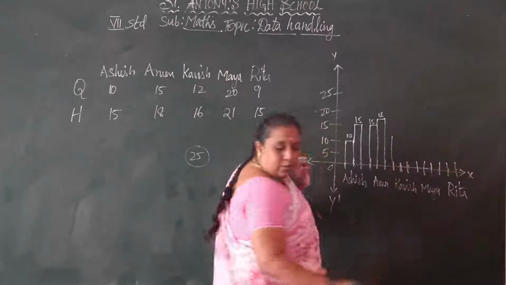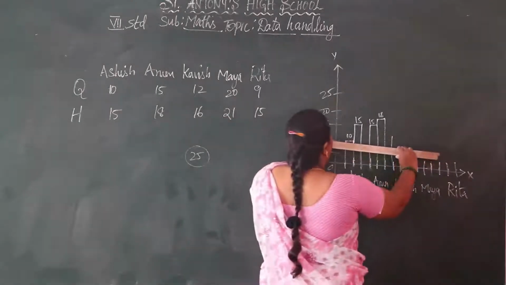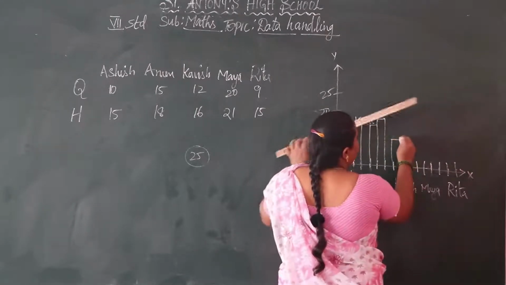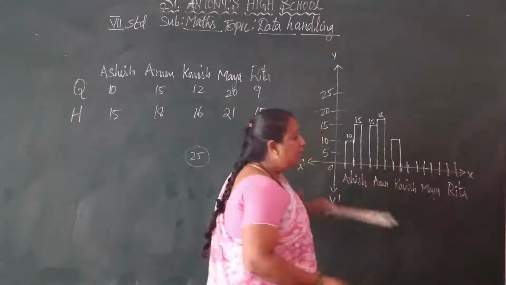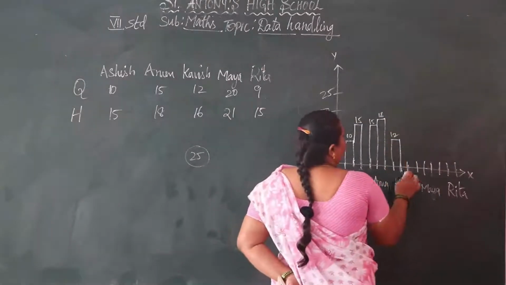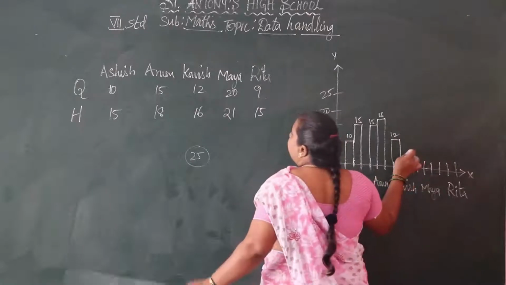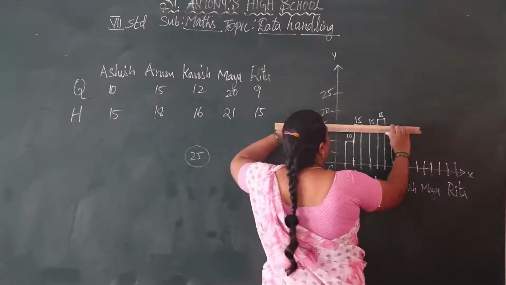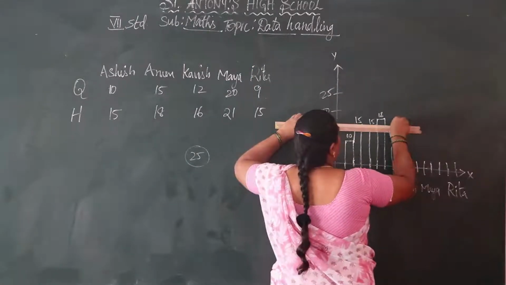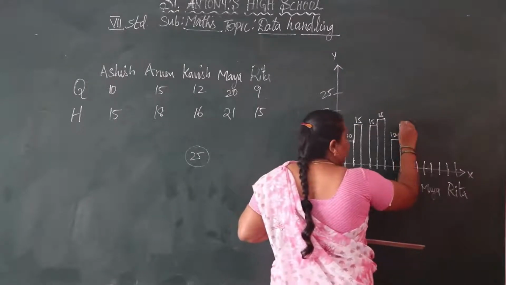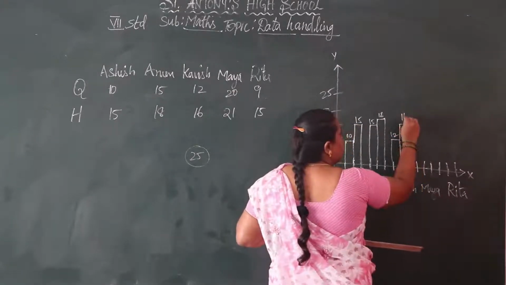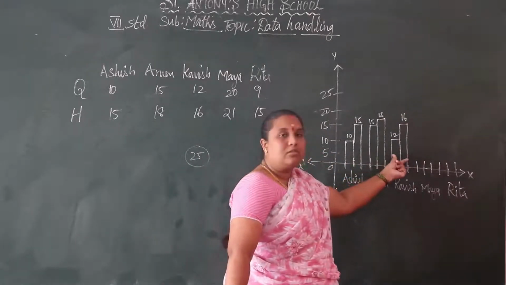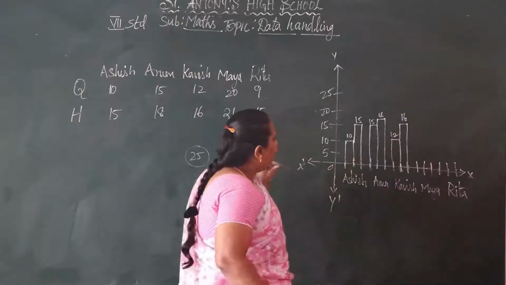See, you should keep the scale like this: 10, 11, 12, and then you mark here and join that. In half-yearly Kavish scored 16. See, 15, and above that one line you have to take here. So mark here and join. See, this is 16. So join the 2 bars.